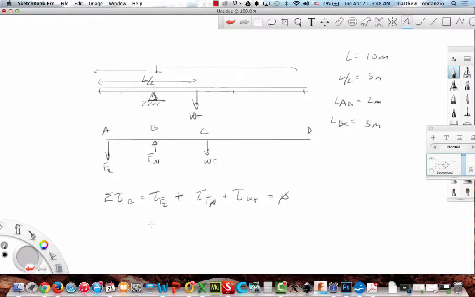Let's break it down. So torque of F2 is F2 times LAB plus Fn times LBB, right? Point where I'm at to the point I'm going to, right? Plus the weight times LBC, right?